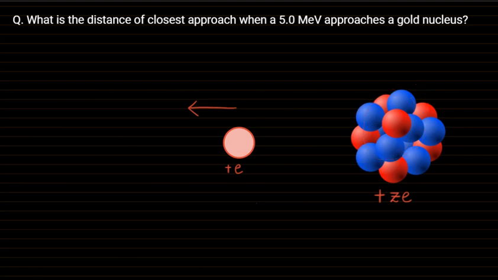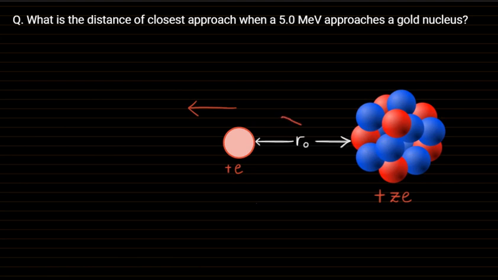It will rather push this proton in the opposite direction, the direction from which it came. Fine. So this distance, the closest distance this proton can reach to the nucleus of the atom is known as your distance of closest approach. Okay.